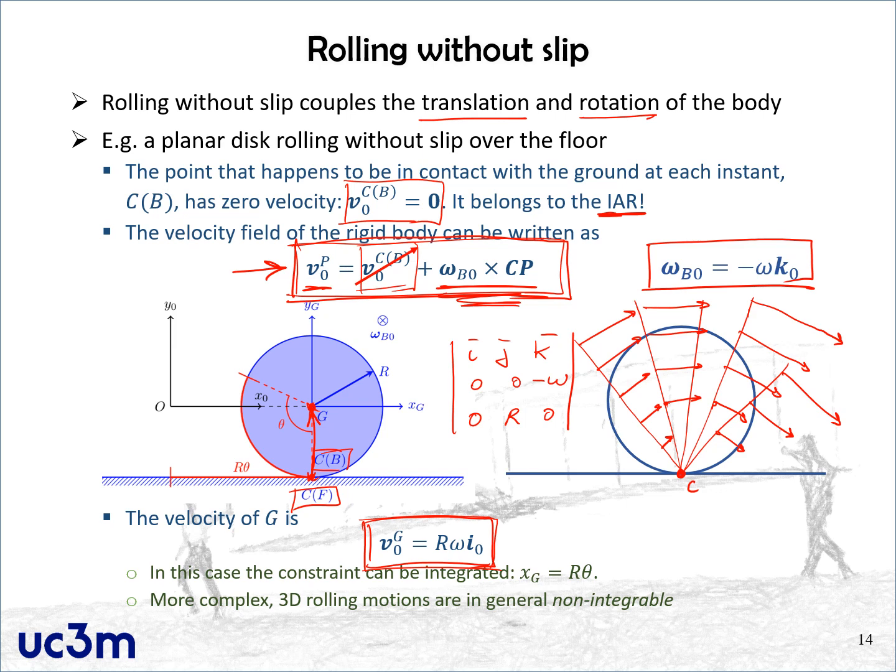In this case, the rolling without a slip constraint can be integrated, so it becomes an integrable constraint. This is what I get if I integrate in time and I say that theta dot is omega.